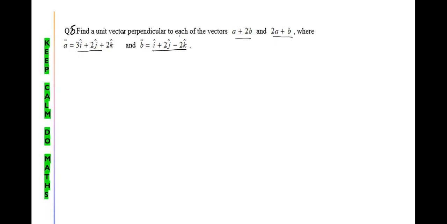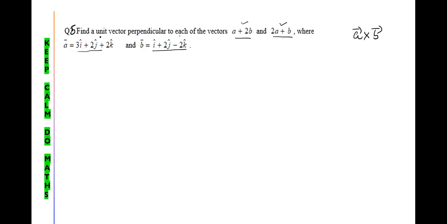So one of the applications of cross product, as we have studied, is that A cross B is the vector which is perpendicular to both A and B. So if you have to find a vector which is perpendicular to both A and B, that vector will be A cross B.